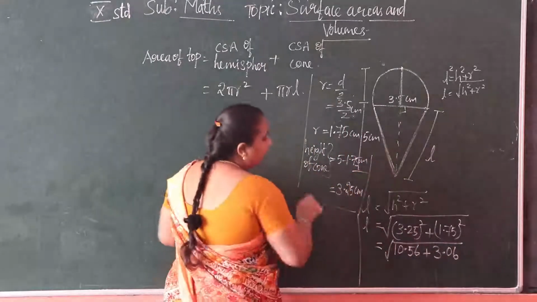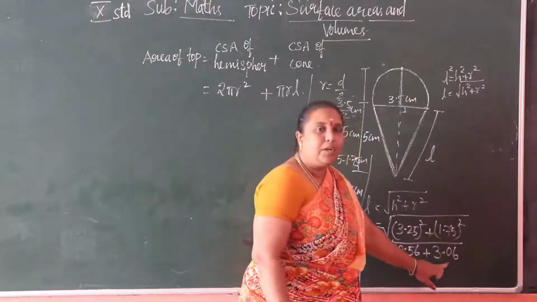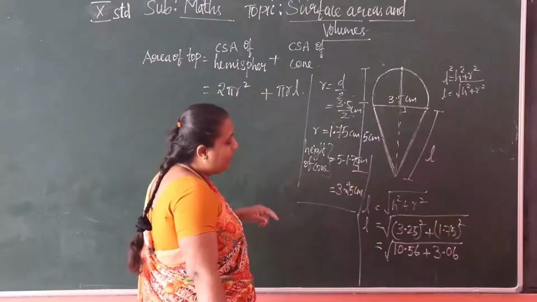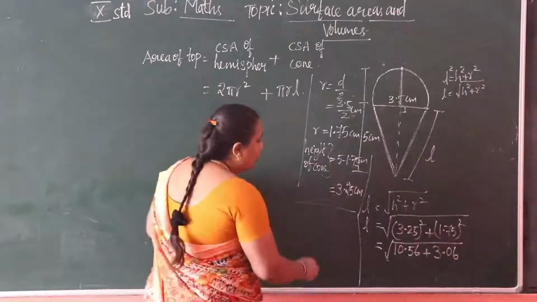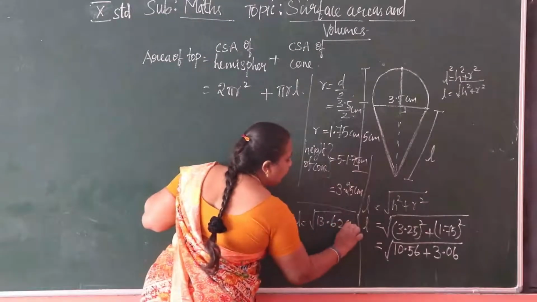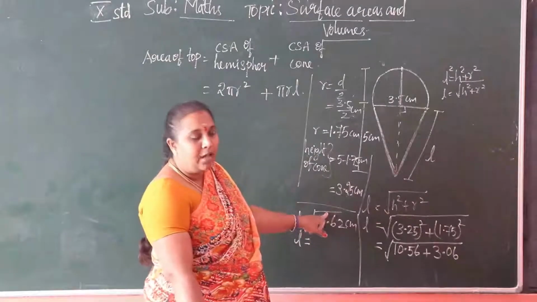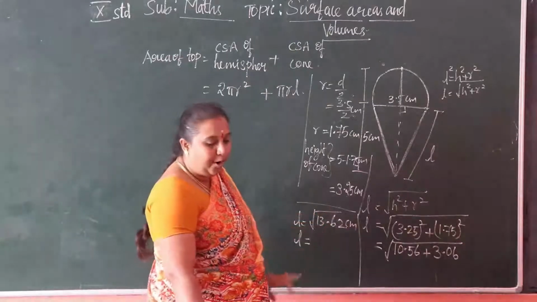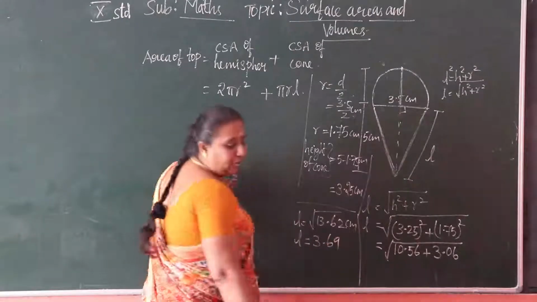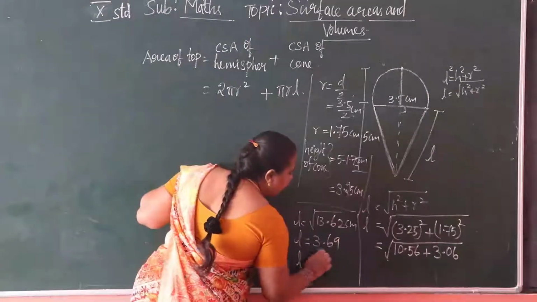So L equals root of 10.56 plus 3.06. You have 13.62. So L equals root of 13.62 centimeter. We have to remove this square root. You have 3.6905, which we count as 3.7 centimeter.